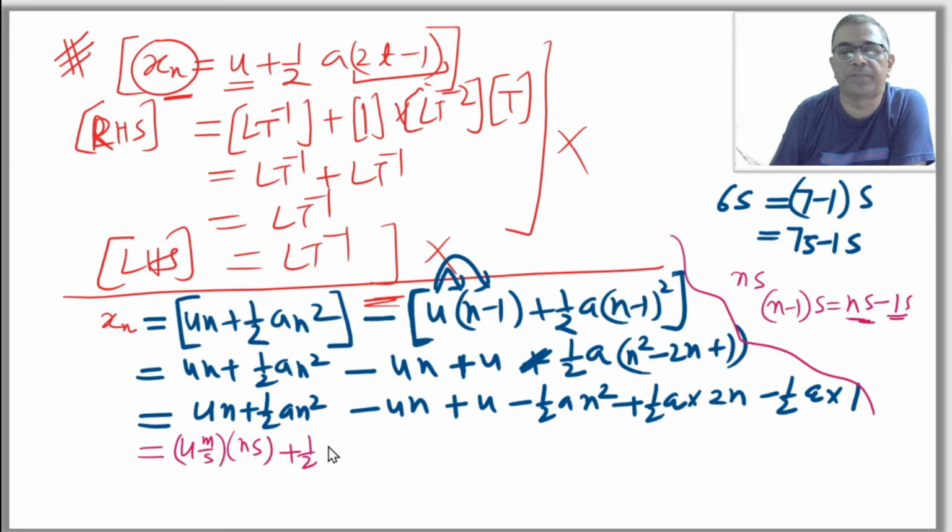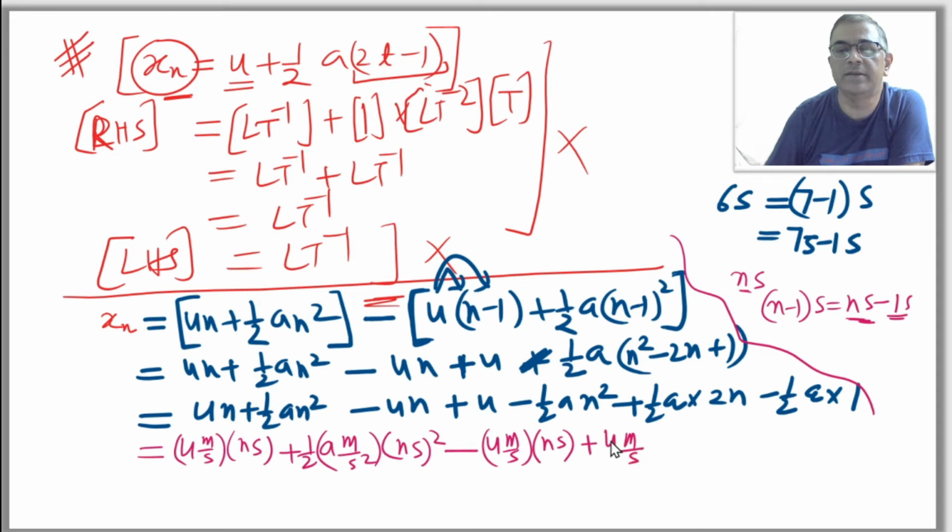A is in meter per second square, multiplied by n into s, product ns. So this is ns whole square, and then next minus u, you already know, this is u meter per second multiplied by n second, and then plus u meter per second.